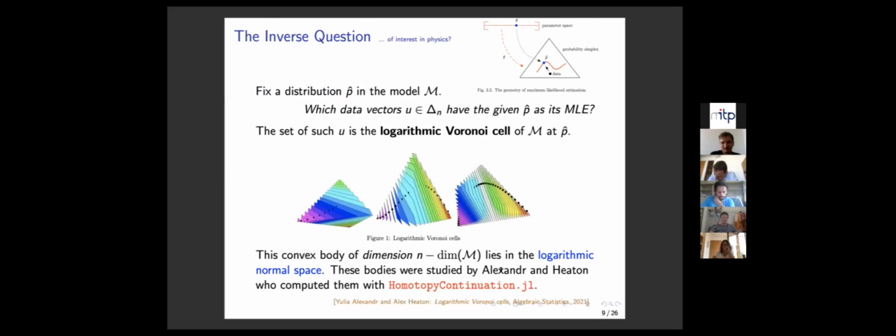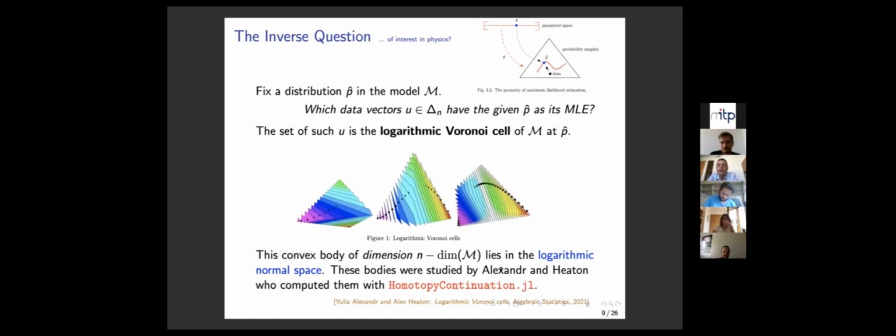Now I'm going to end this whirlwind tour of algebraic statistics by posing the inverse question. And I'd like you to keep this in mind as we transition towards the particle physics models. And the inverse question is, given a distribution in the model, which data vectors have the given distribution as its MLE, right?